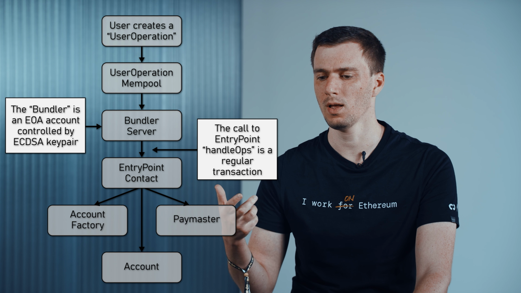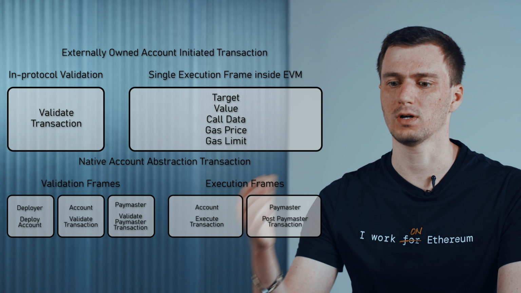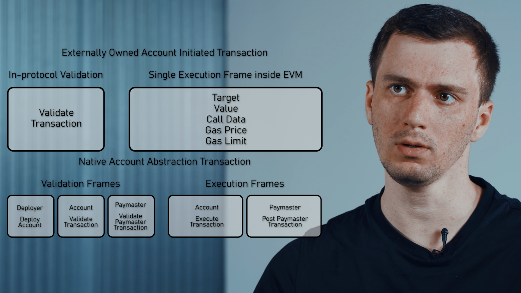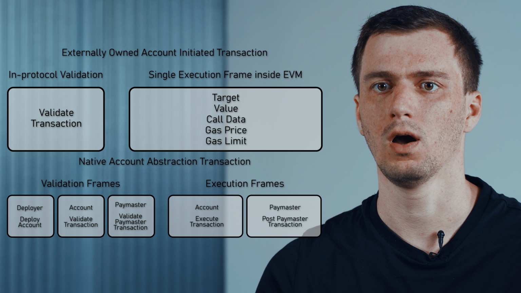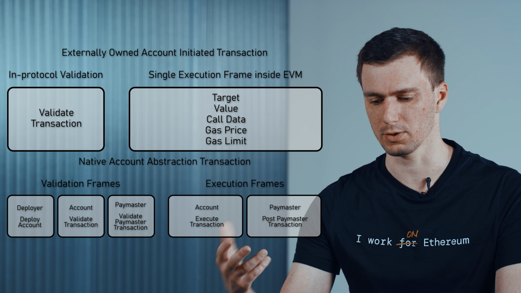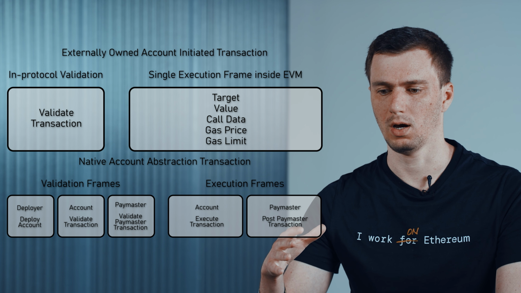The important part here is that the validity of this transaction is no longer defined by the protocol. For legacy transaction types, all of them that exist right now, their validity is checked by the protocol, when the protocol checks the balance, nonce, gas fee of the transaction and verifies the signature. Now this is removed, and a dedicated smart contract, that is your smart account, will perform the validation. The validity of your transaction fully depends on the execution of this validation code.